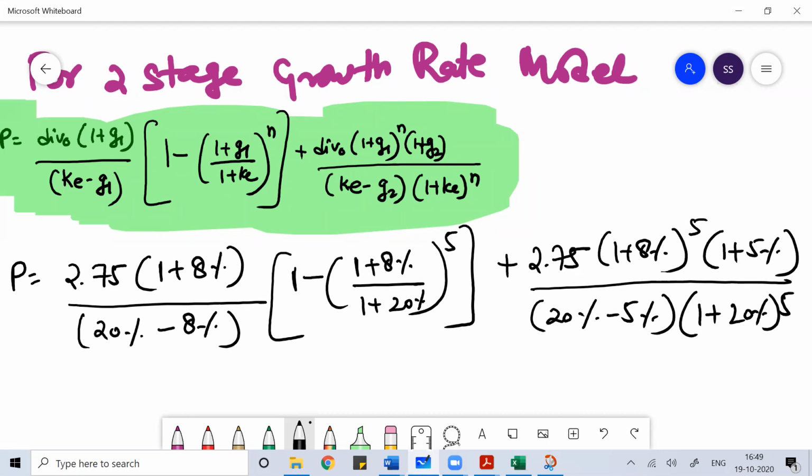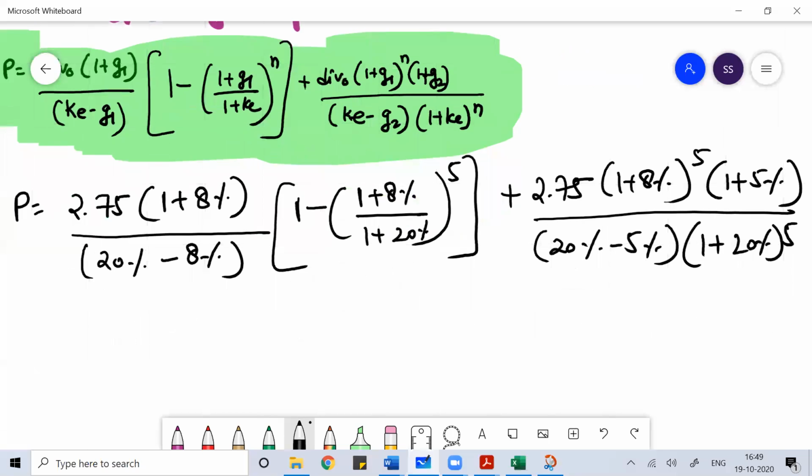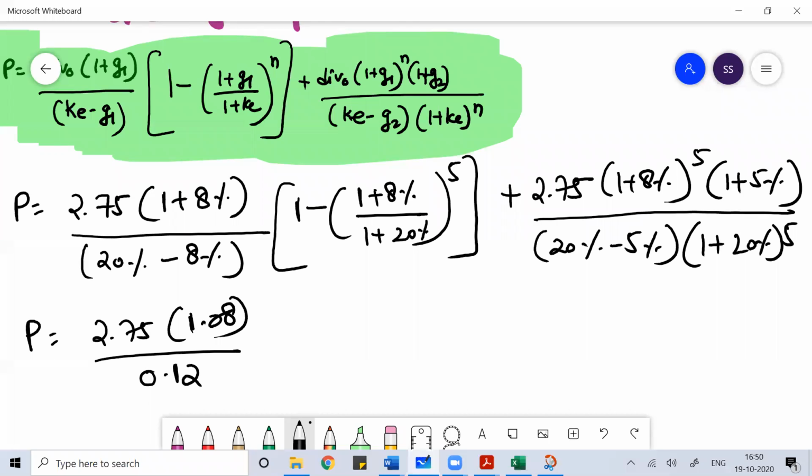So this is what you need to solve. I hope everyone can solve this very easily. So this is 2.75 into 1.08. This is 12%, 12% I can write 0.12.